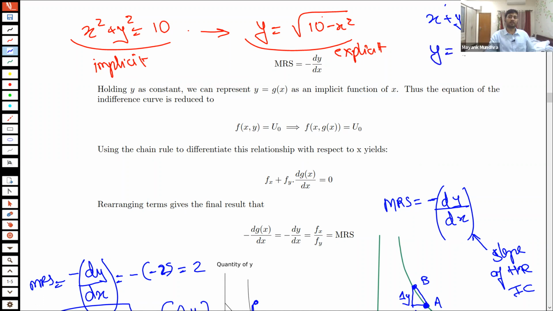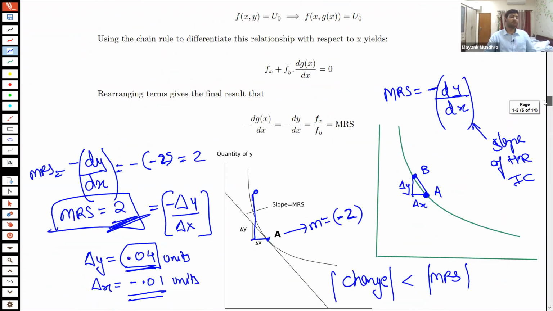When you write it as y equals minus x plus 10, this becomes the explicit form. So when we are calculating MRS as minus dy by dx, which is basically differentiation, I always need the explicit form.